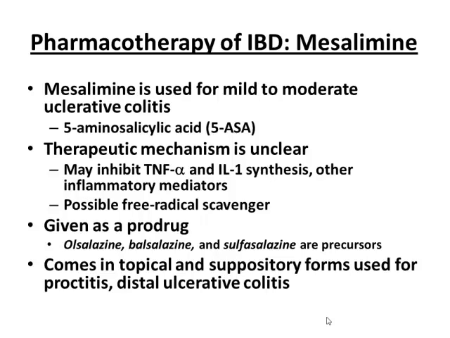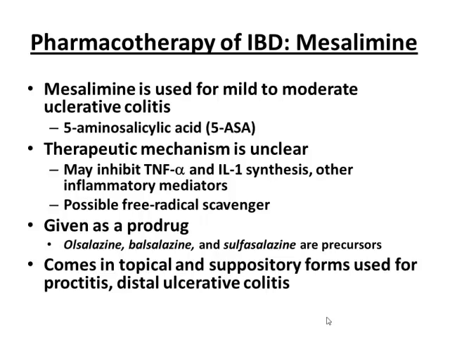It's thought that mesalamine might work to inhibit TNF alpha and interleukin 1 synthesis, and also inhibit the synthesis of other inflammatory mediators. It's also thought to possibly be a free radical scavenger to get rid of those reactive oxygen species that lead to inflammation, that sort of thing.